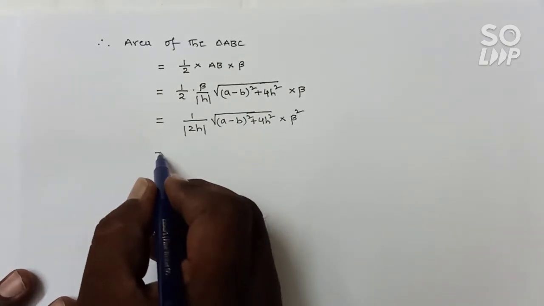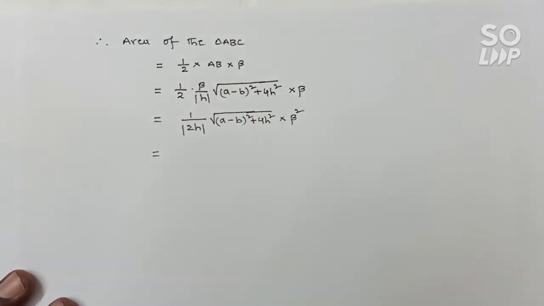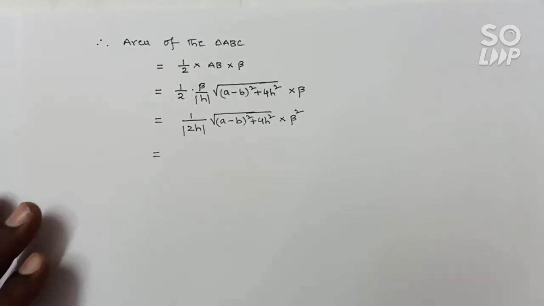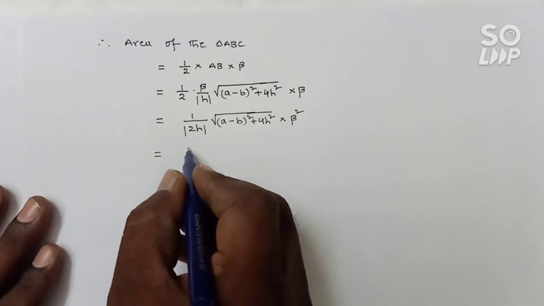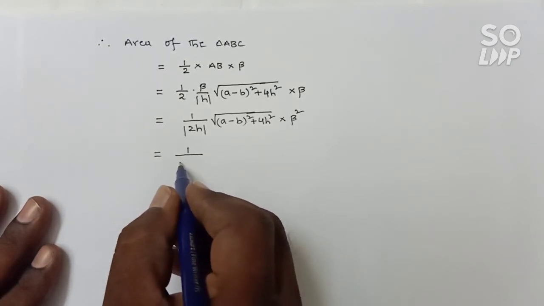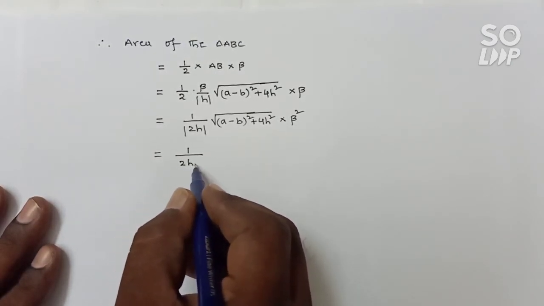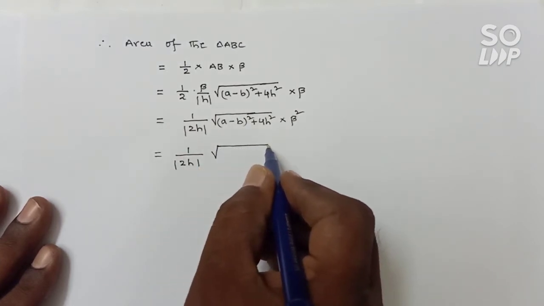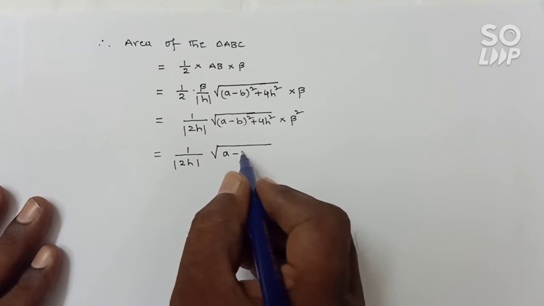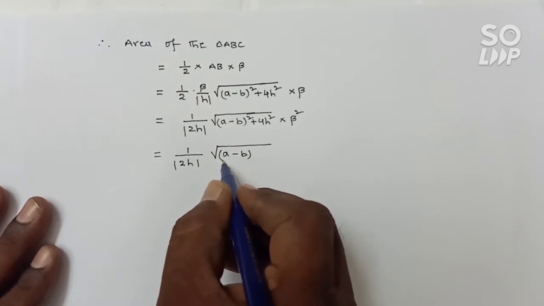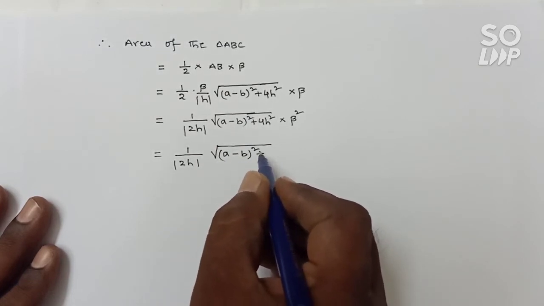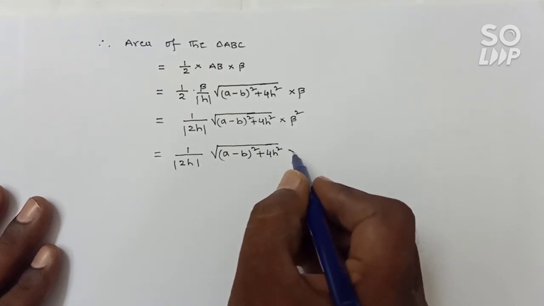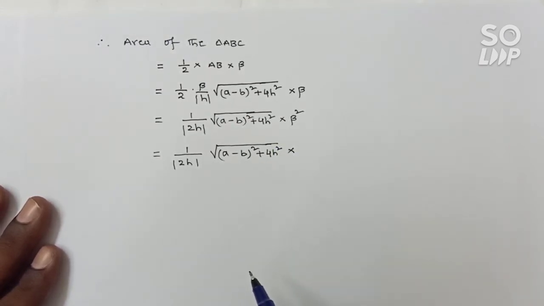Beta is nothing but the y coordinate of the point of intersection. So that is equal to 1 by modulus of 2h into the root of (a minus b) whole square plus 4 into h square, into, what is the beta value?